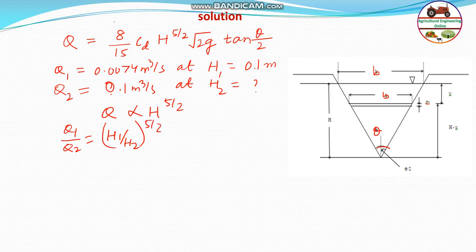So Q1 is 0.0074, Q2 is 0.1, should be equal to h1, which is 0.1, and h2 you have to calculate, to the power 5 by 2.